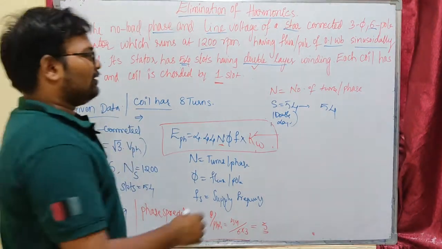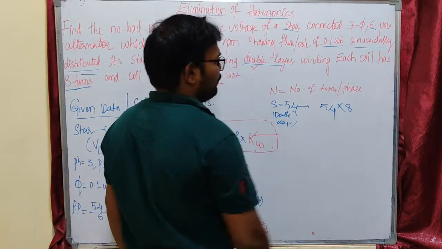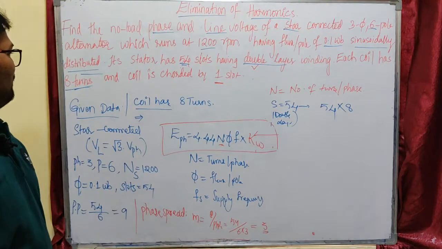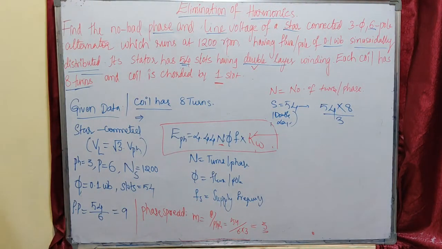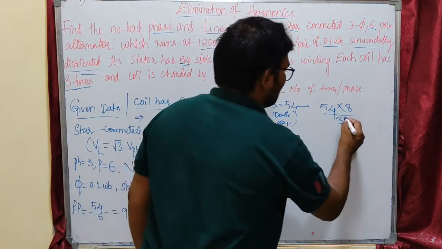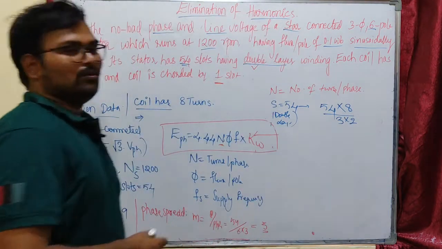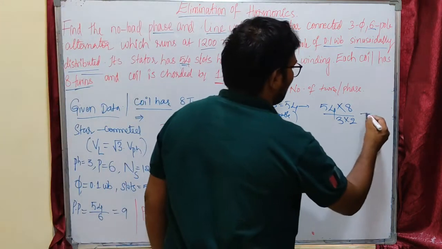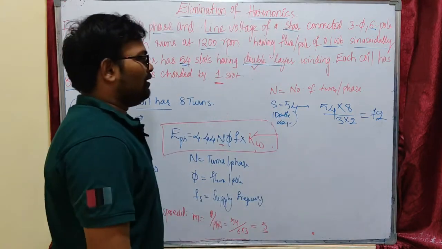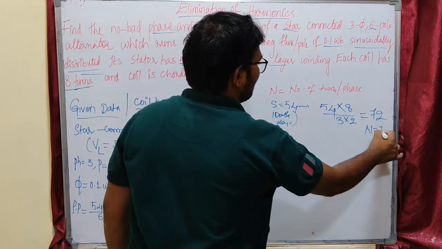So 54 into 8, divided by 3, and to get the number of turns it will be divided by 2, because one turn has 2 conductors. So the whole number of turns per phase will be equal to 72. We got the n value equal to 72 here.